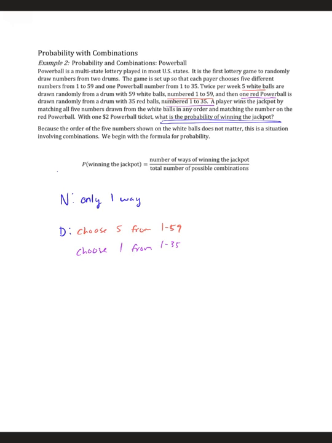Since the order does not matter here, we're going to use combinations. So we have 59 choose 5, and also 35 choose 1. Anytime you have two things like this, you have to use the fundamental counting principle. So I'll set up the fraction: 1 way to choose the winning jackpot, divided by 59 choose 5 times 35 choose 1.